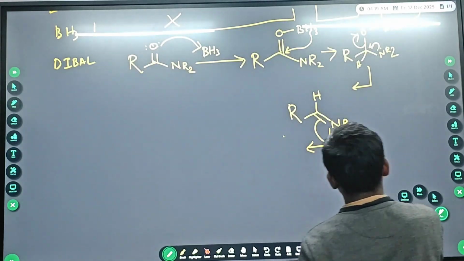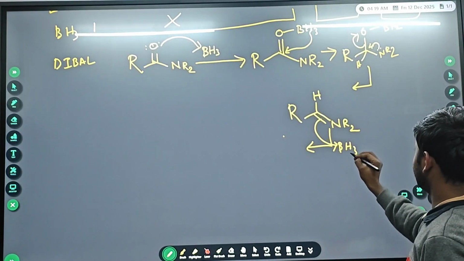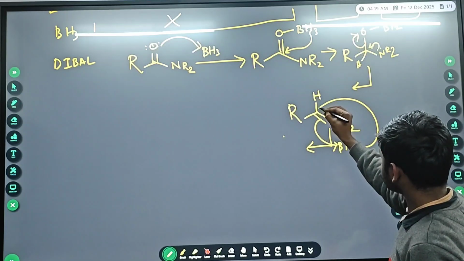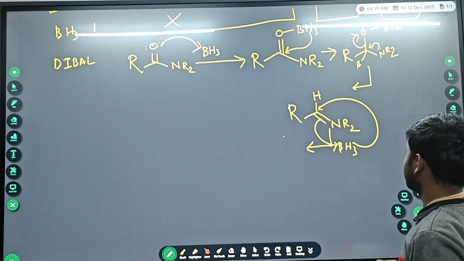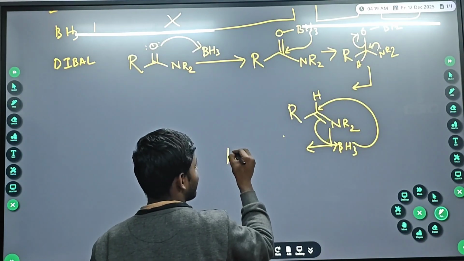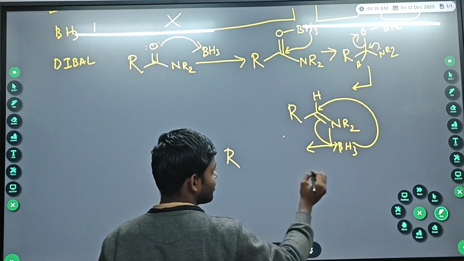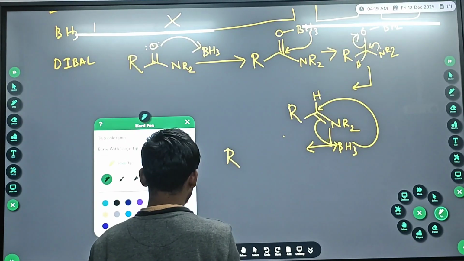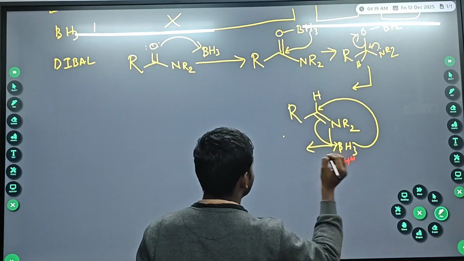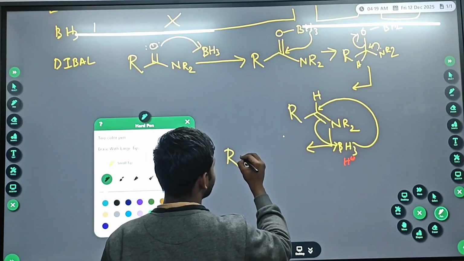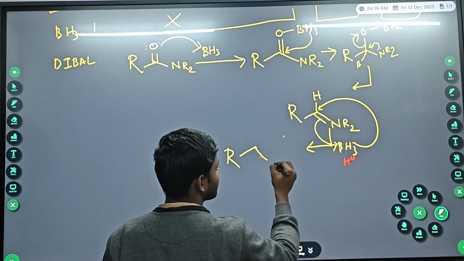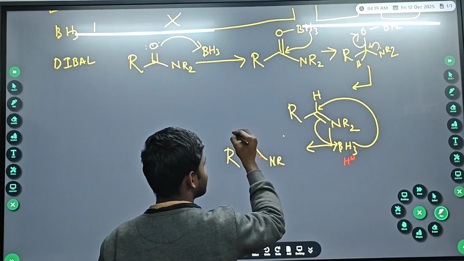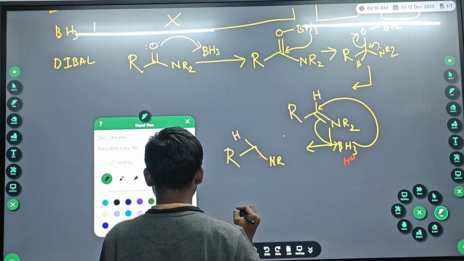As a result, boron is now tetravalent. Now the tetravalent boron releases the hydride and makes this product. Let's say we color code: the hydride will be red. So NR2 has the previous hydrogen and there is now a red hydrogen.